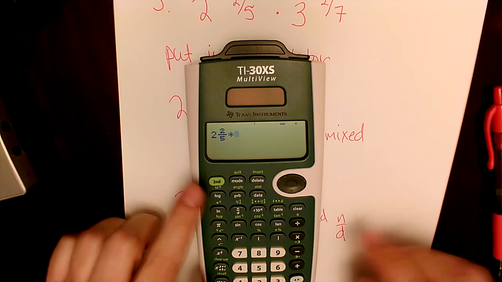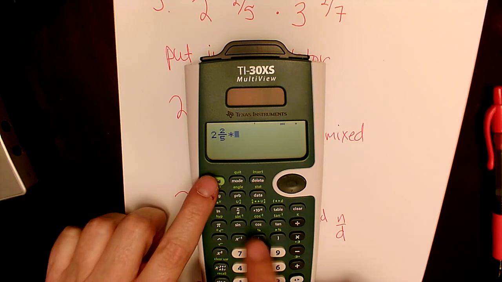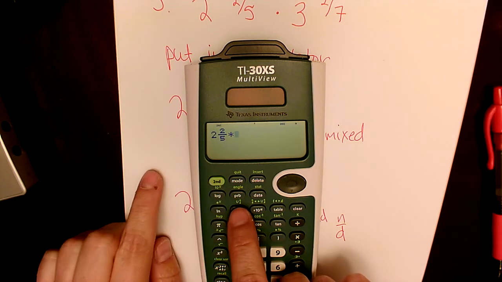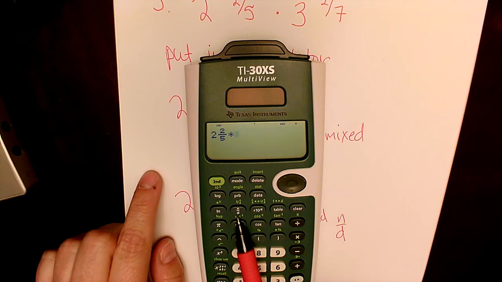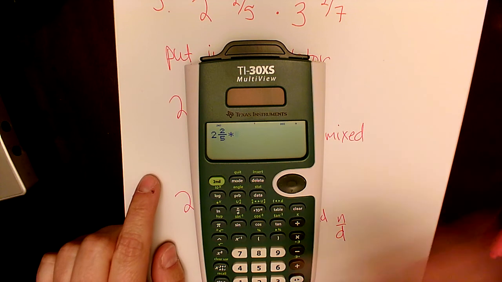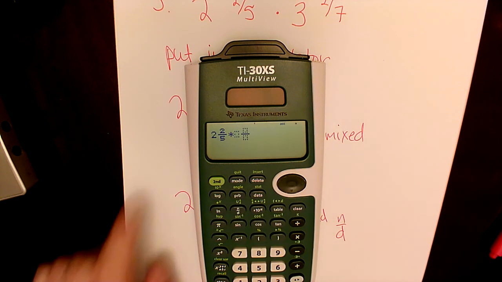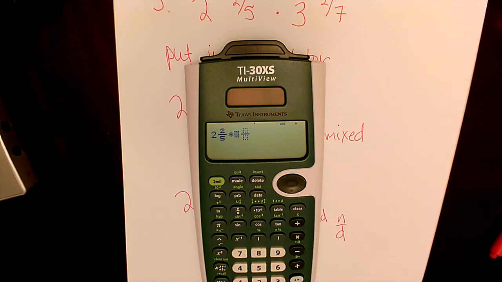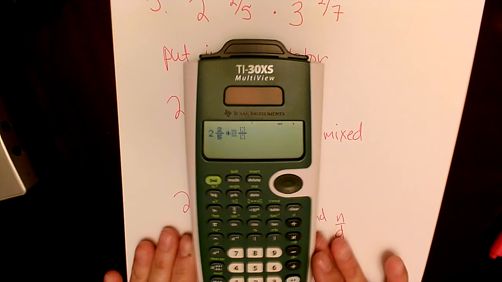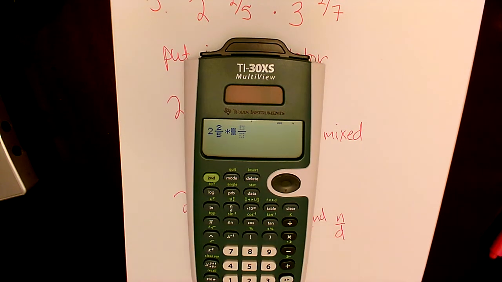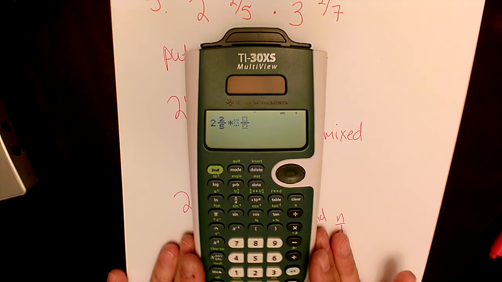Okay, so again, I'm doing second n over d, which I'm pointing to right here. Second n over d. And then the mixed number boxes come up. So this is times 3 and 2/7.